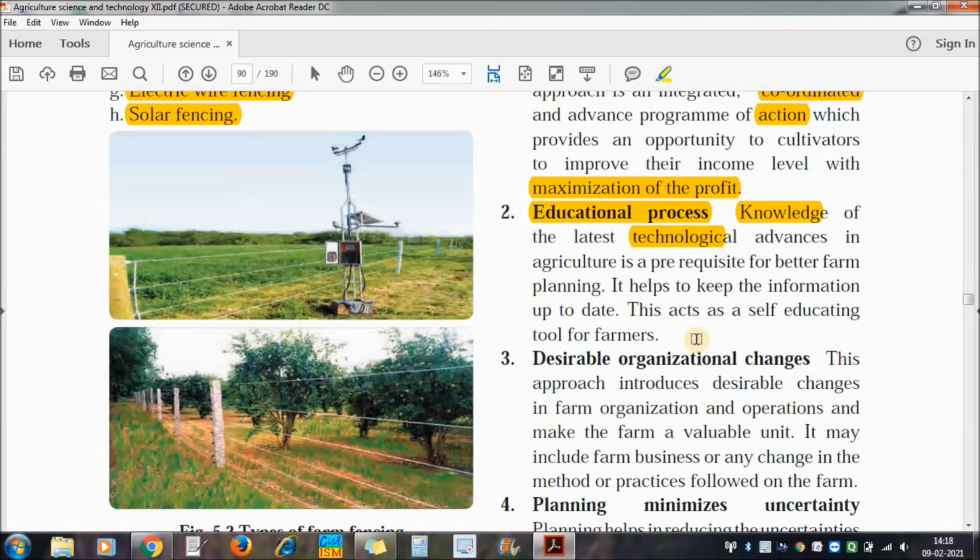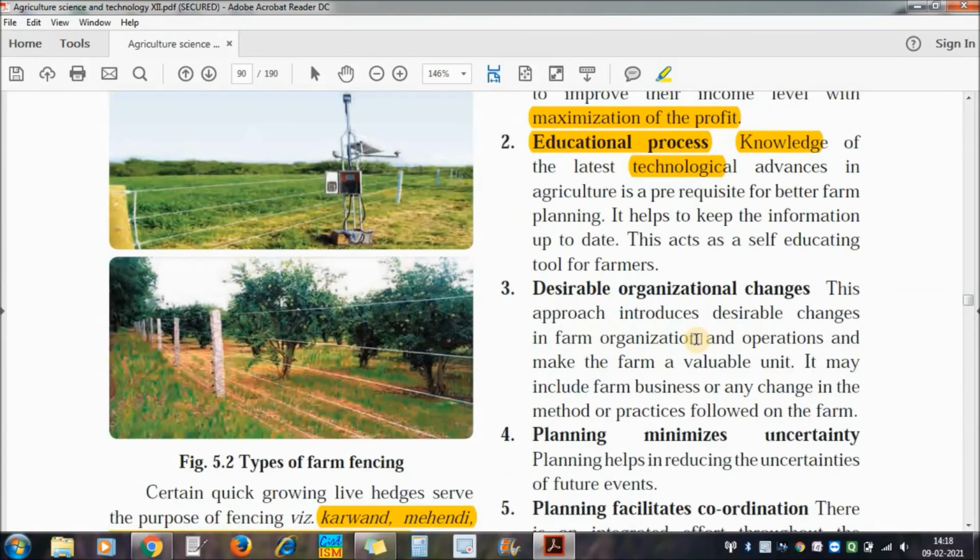Presently we have technology, and we are getting information about advanced technology through YouTube and various channels specially made for agriculture, and different internet sites.